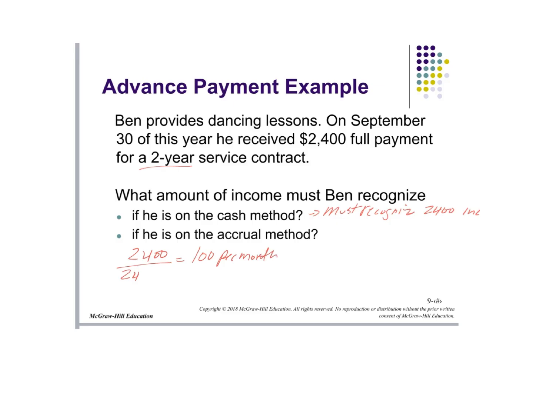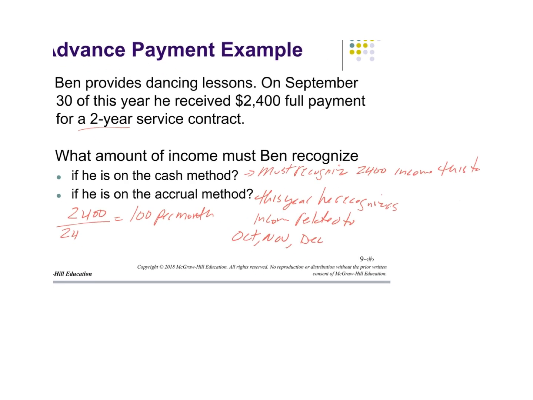All right, and so this year, he recognizes income related to October, November, and December. So that's 3 months. So that equals $300.